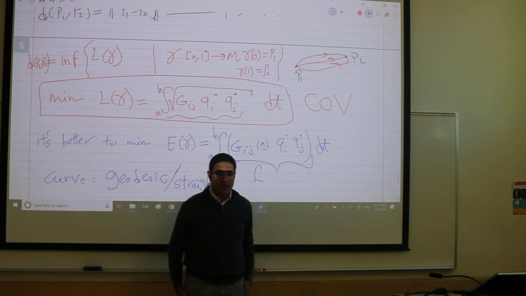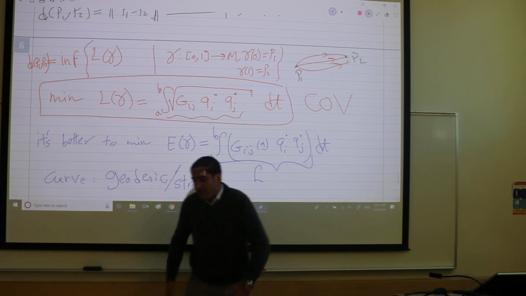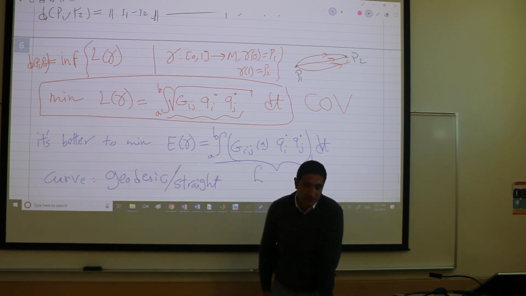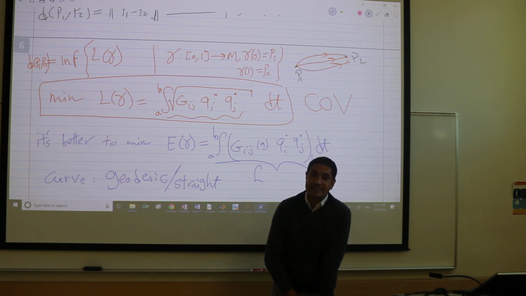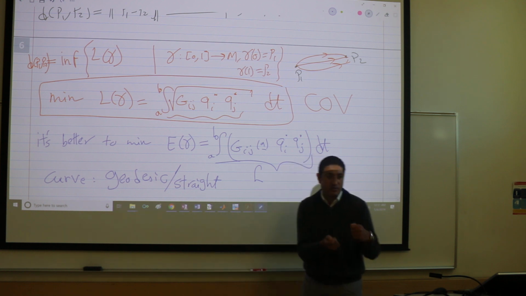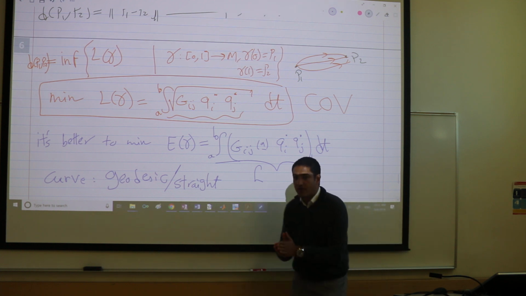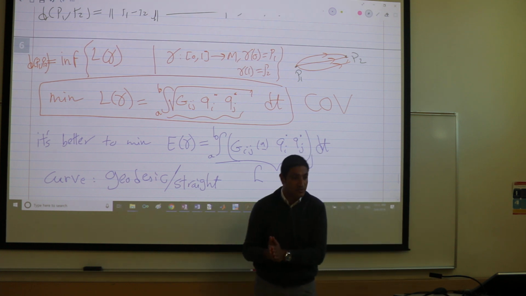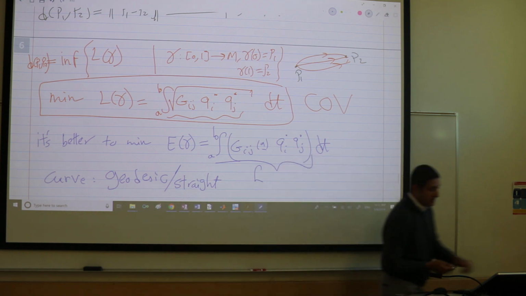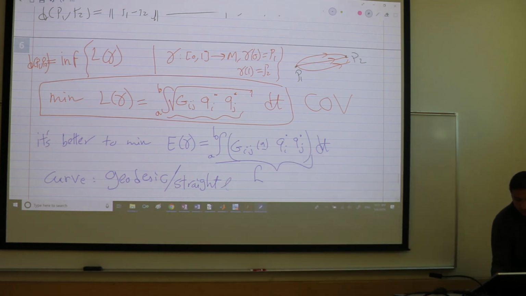If I don't have a ruler, but I have some other instrument that gives me the rate of change of any vector along another vector, so I can differentiate, like a clock to tell me this changes fast, this changes slow, then the straight line is defined as the curve with zero acceleration. So here, a geodesic is a straight line, which is the shortest distance.